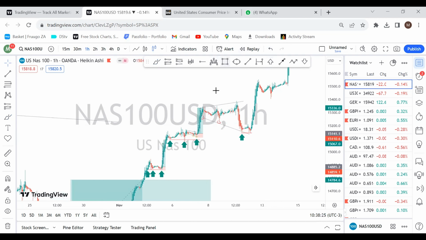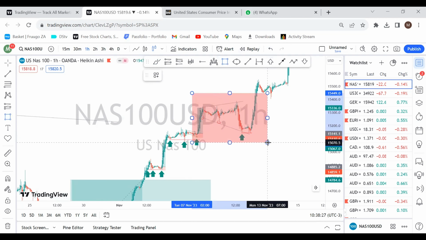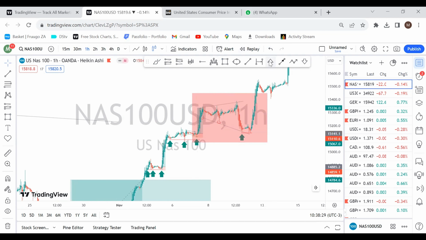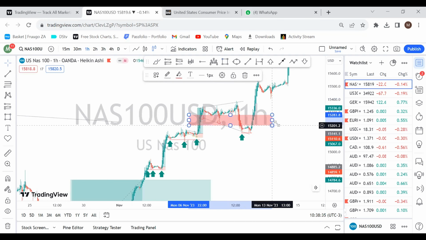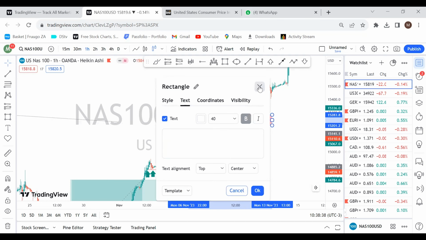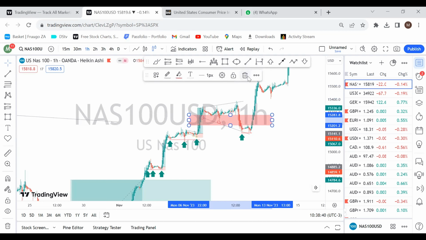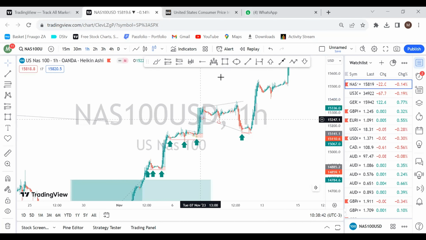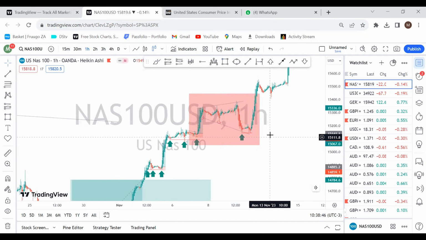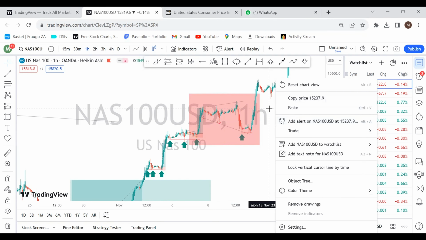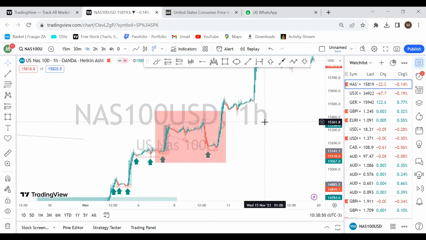So you can see around these areas right there, we had a nice vertical correction. I mean horizontal, because you can see it's more flat than it is vertical, right? And it's happening right after a nice impulse. Let me just highlight the area that I'm talking about. So this is the formation that we are discussing right now, right?